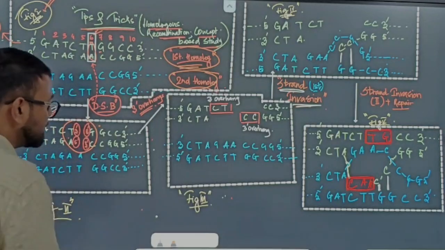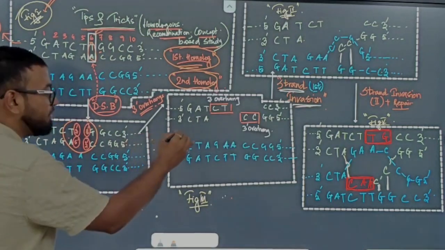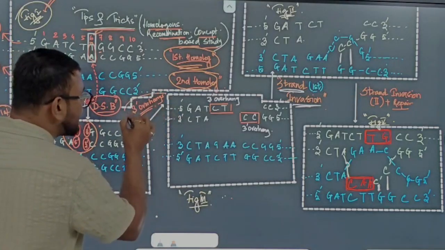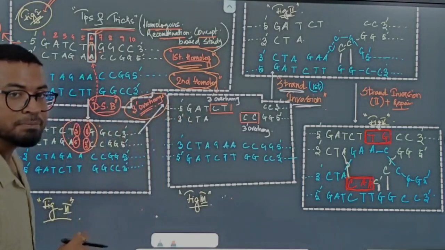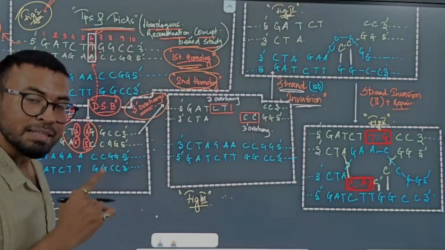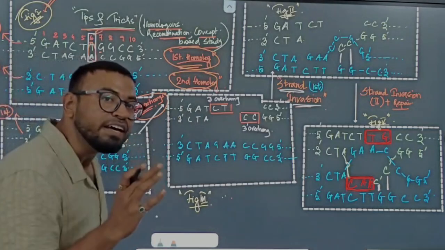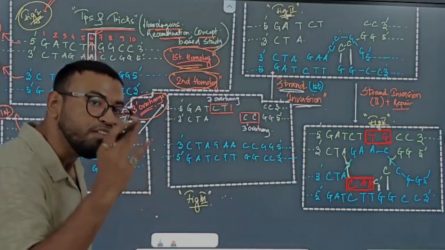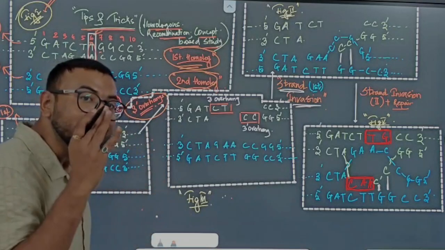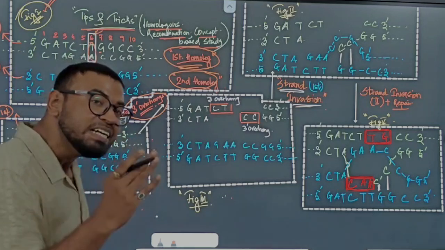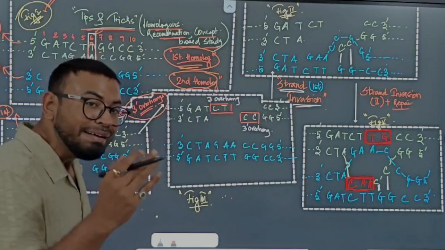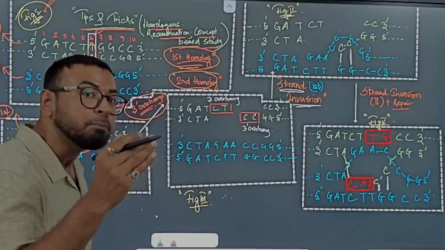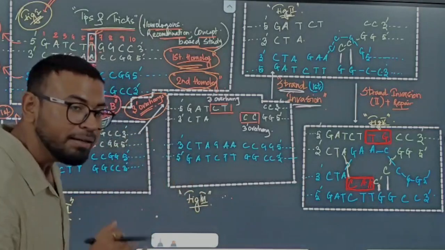Why? Because as you can see in figure 3, there lie 3' overhangs. For generating a 3' overhang within a double-stranded break within a single homolog, we need to cut portions from the 5' end.